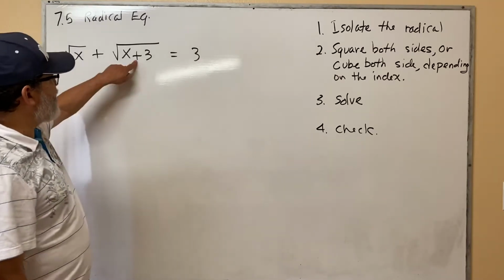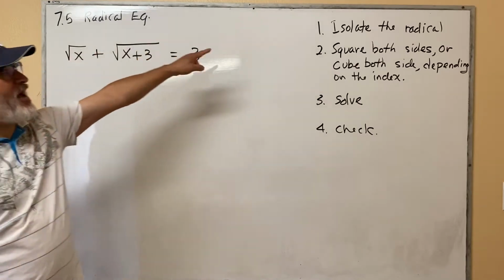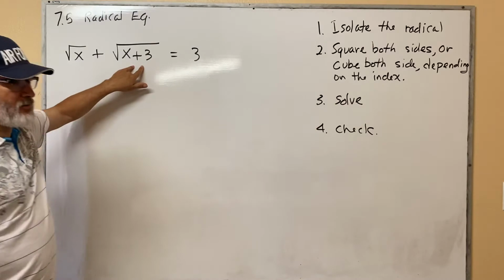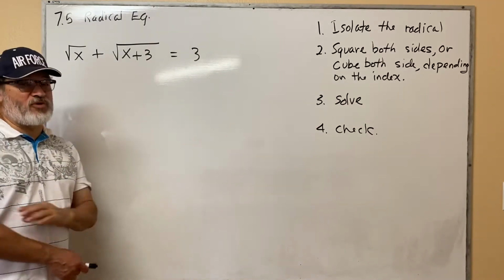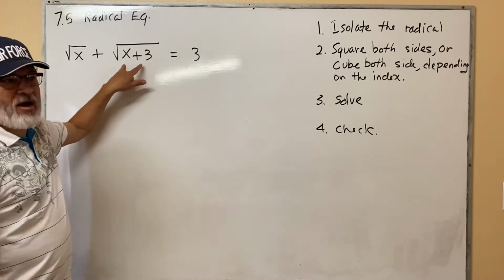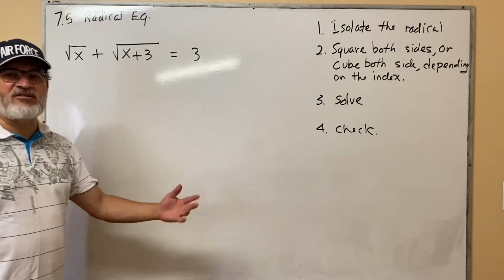So this one right here is more complicated than that one. My advice is always isolate the more complicated one. If they're both equally complicated, then it doesn't matter.